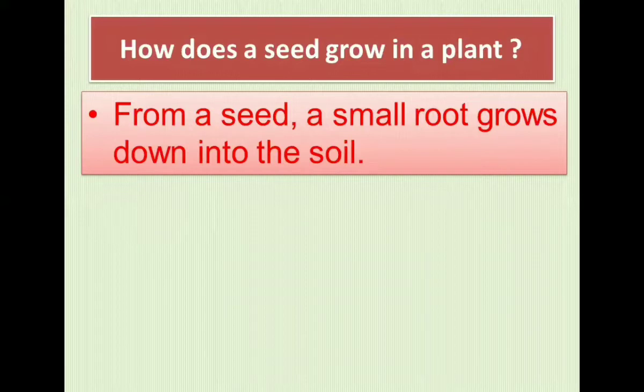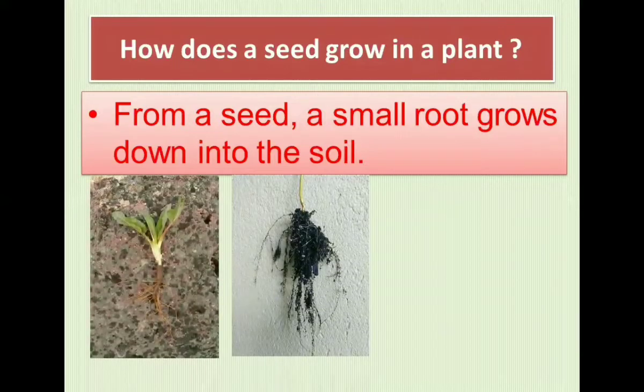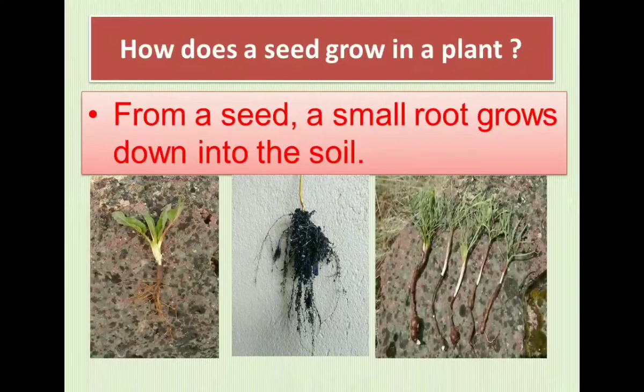So the first thing that happens after planting the seed is that a small root grows down into the soil. Here are some pictures. Can you see in this picture the brown color roots? This is the first thing that happens after planting the seed.